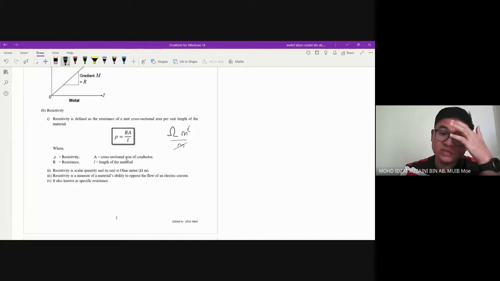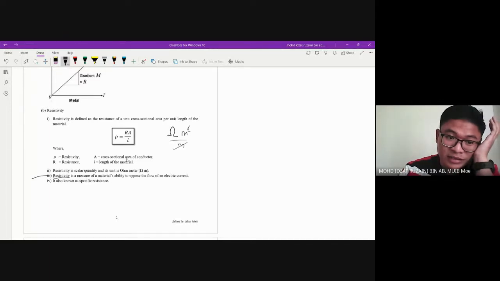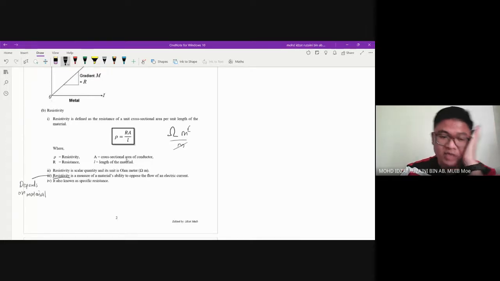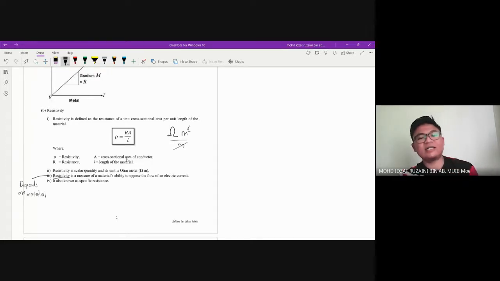So this resistivity depends on the material. Maksudnya apa? Setiap bahan-bahan dia akan ada berbeza dia punya resistivity.